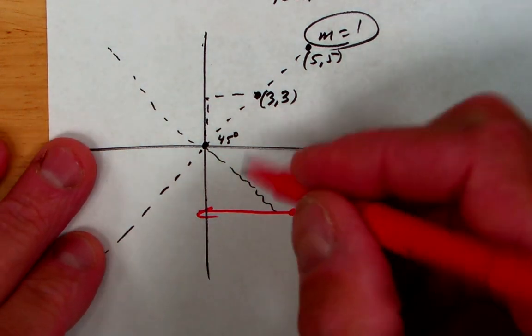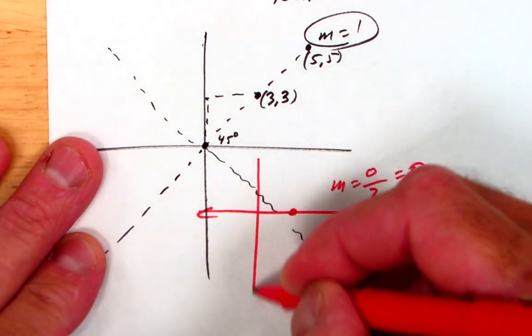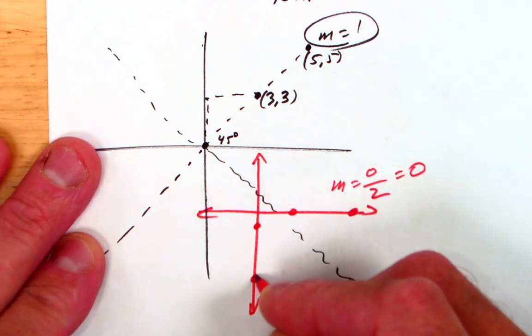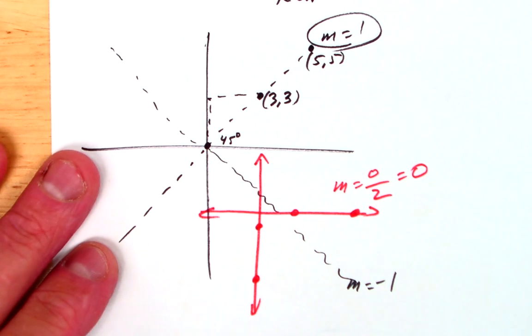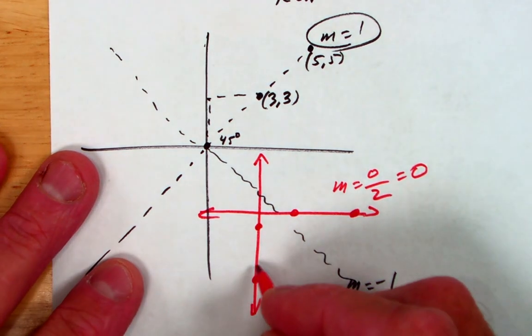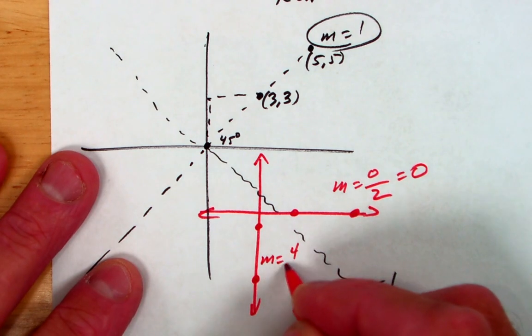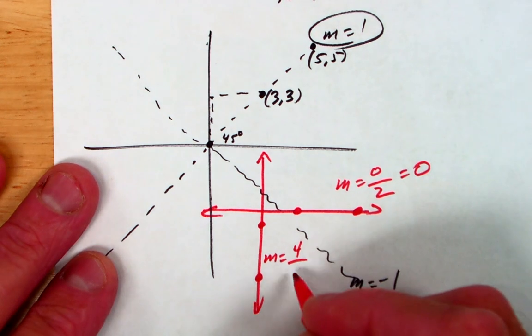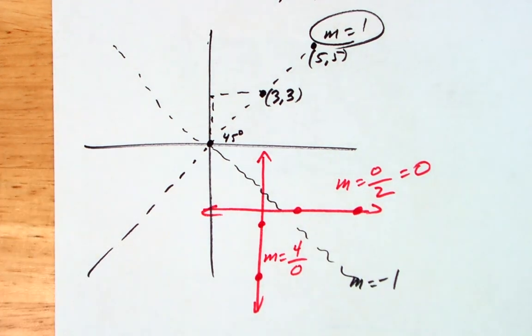What if I had something vertical? If I go from the bottom point to the top point, I've got a rise. Let's say my rise in this case is 4. What's my run? 0. This is the one that everybody gets wrong. 4? 4 divided by 1 is 4.